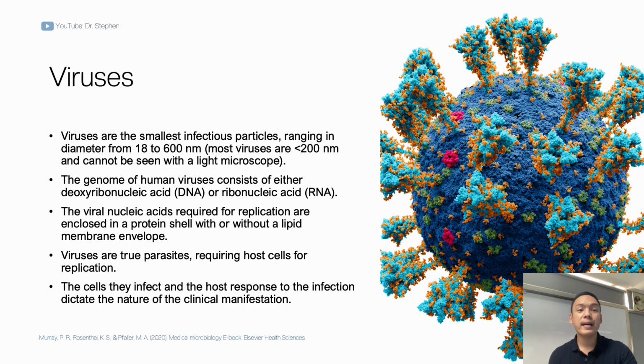What you're seeing in the background is a scientifically accurate atomic model of the external structure of severe acute respiratory syndrome coronavirus 2, or SARS-CoV-2, which is a strain of coronavirus that caused the coronavirus disease, or what we call COVID-19. This was first identified in Wuhan, China in December 2019.